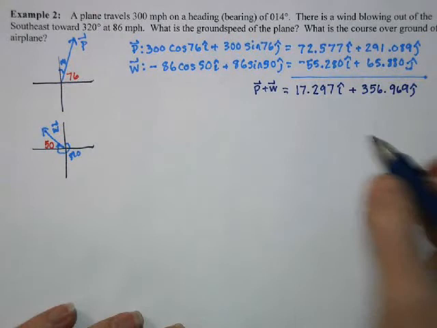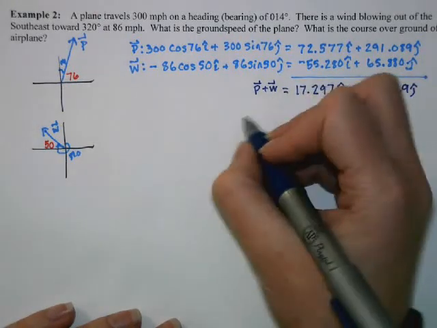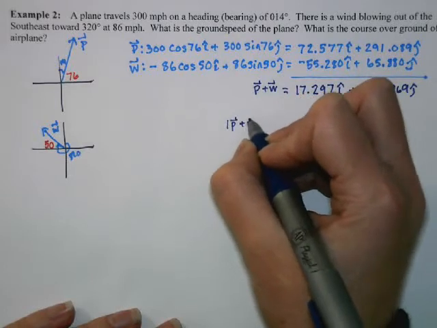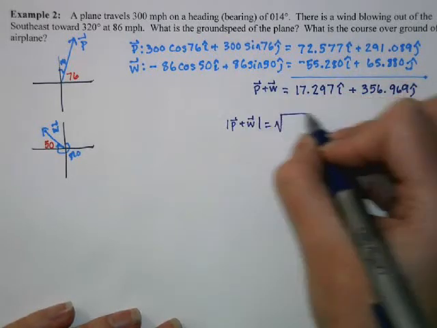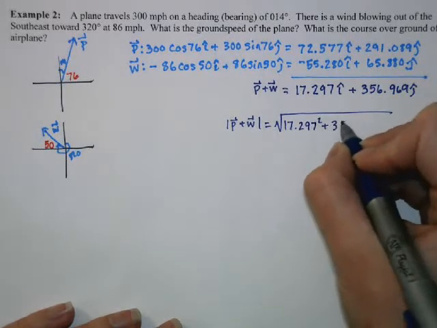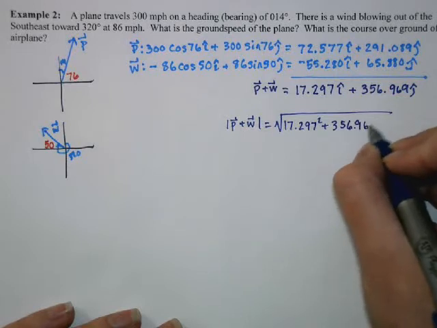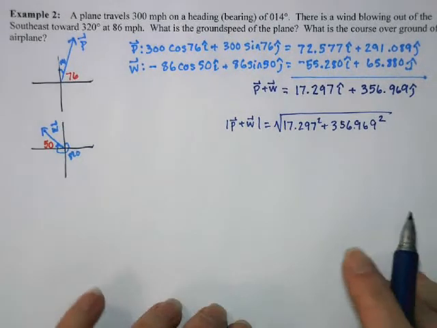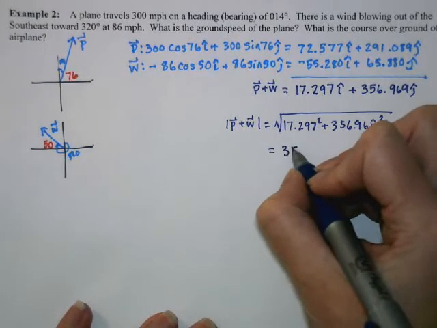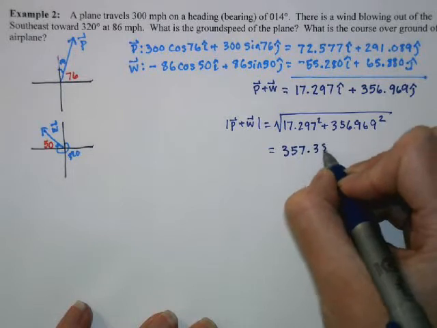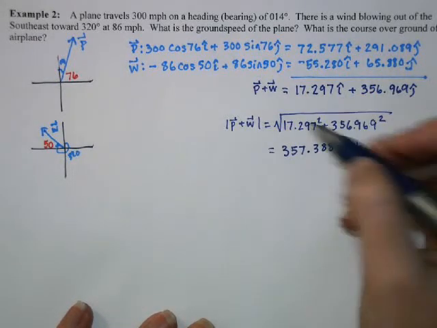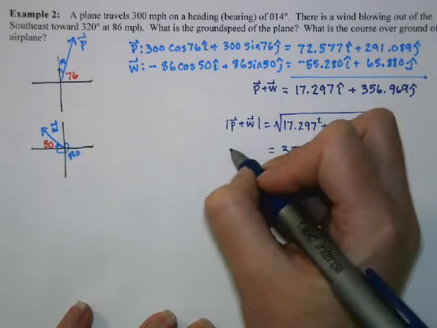Okay, so our magnitude is going to be the ground speed. Just put that in the Pythagorean theorem, and we get 357.388. This will be miles per hour. This is our ground speed.